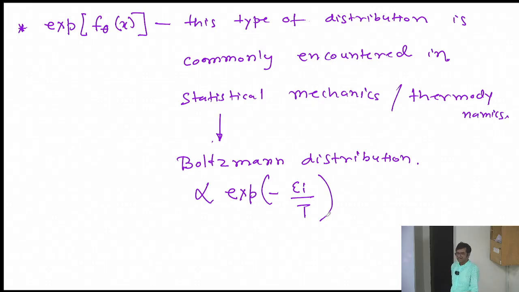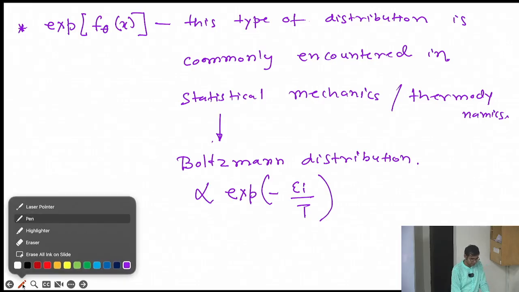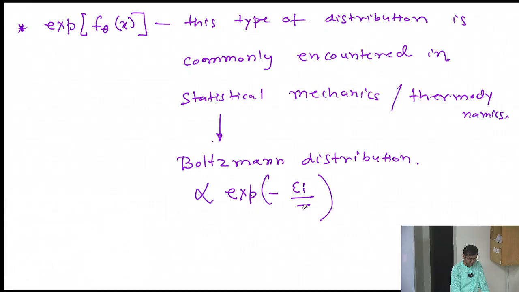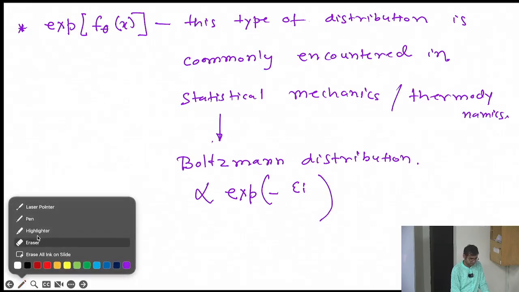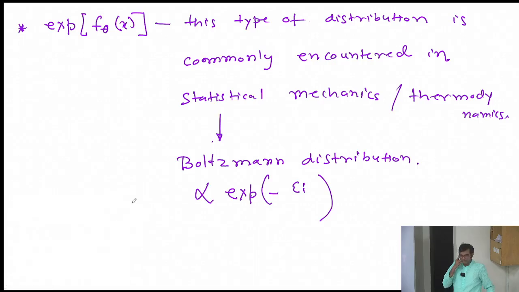But we don't care about T, so I will just remove T. I just wrote it because I wanted to show it to you. We don't need T. For our case, this is enough. Okay. Where epsilon i is the energy of the ith particle, there is a negative sign here. And that negative sign has a significance.